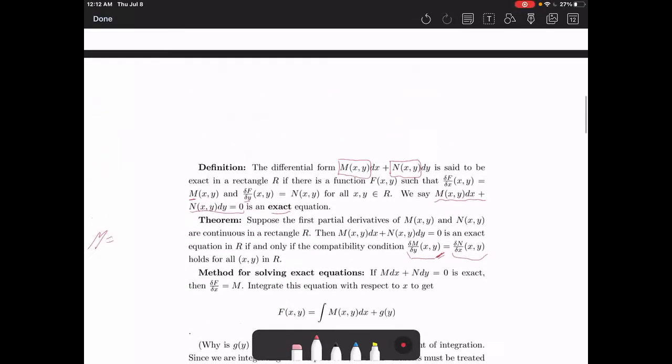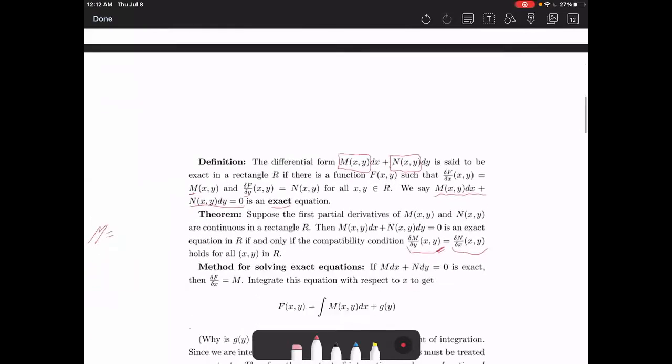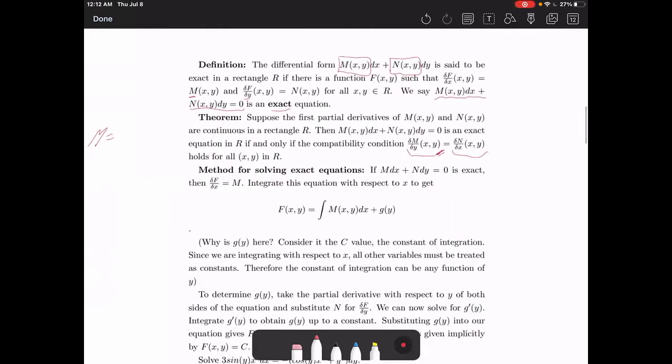So remember that M is equal to partial f partial x, and N is equal to partial f partial y. So why would this statement be true?